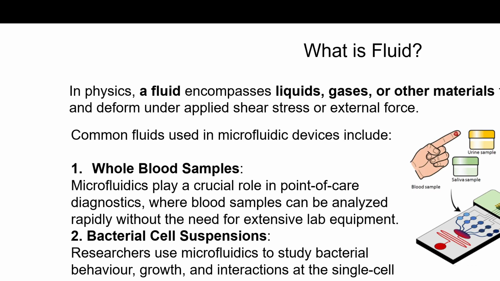In microfluidic devices, there are different kinds of samples we can use as a fluid, like food and blood samples. It can be used for diagnosis: if you want to do a diagnosis, you can use blood samples at the fluidic input side, and it will run through the microfluidic device, and you get the data, and through that we can do the data analysis.